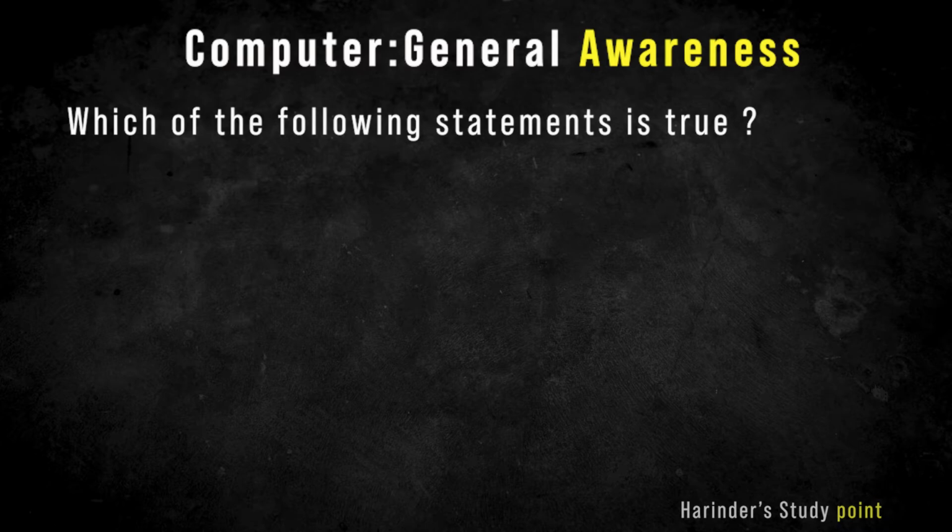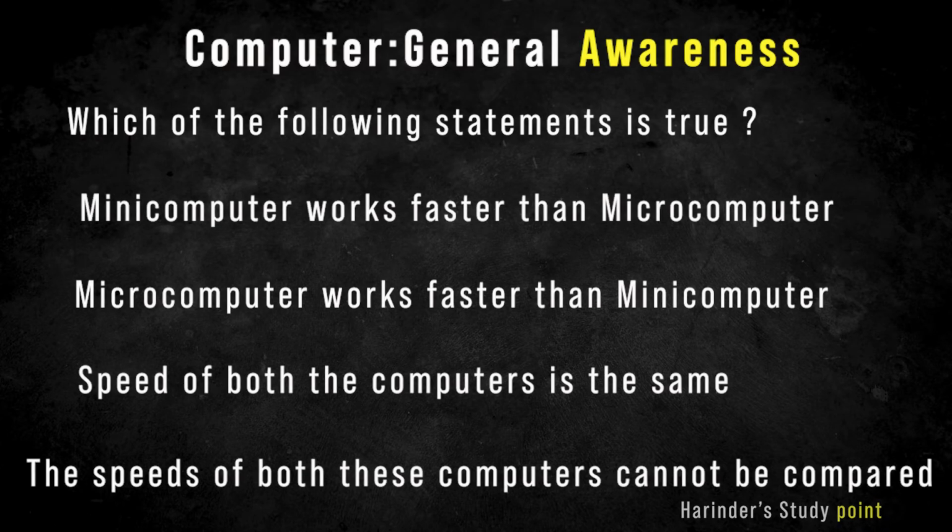Which of the following statements is true? Minicomputer works faster than microcomputer. Microcomputer works faster than minicomputer. Speed of both the computers is the same. The speeds of both these computers cannot be compared. Correct answer is minicomputer works faster than microcomputer.